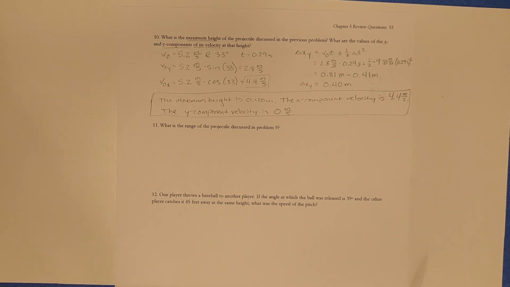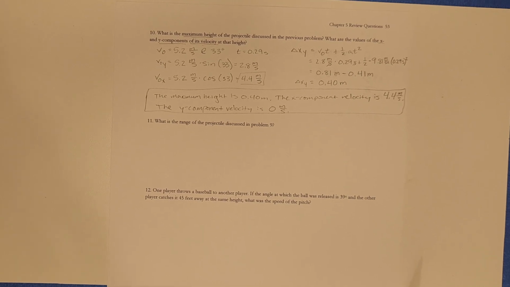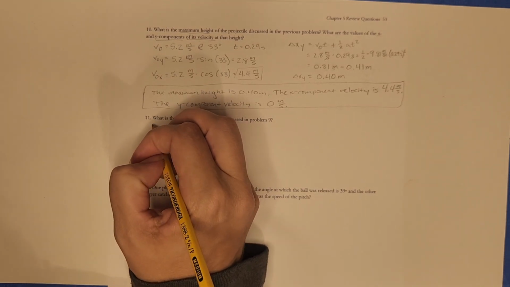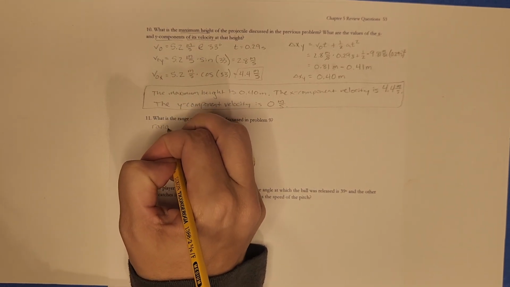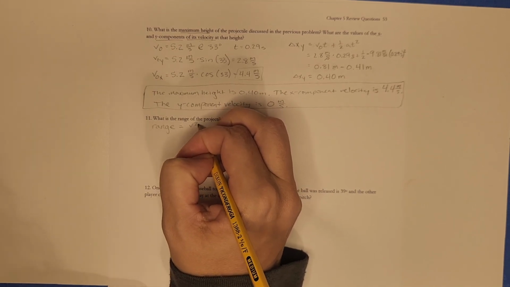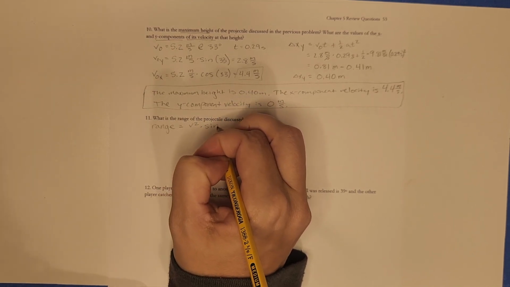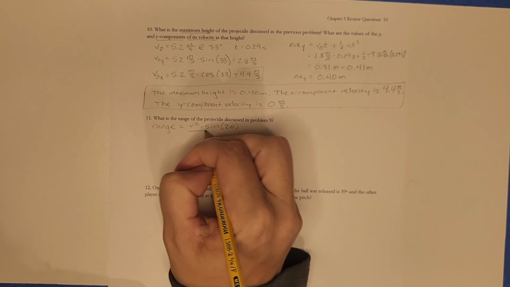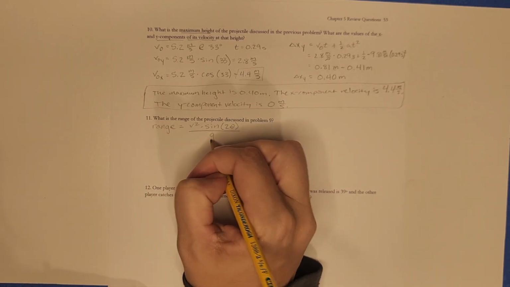And so this is the first problem where we have a new equation that was just introduced in this chapter, and that is the range equation, which is equation 5.10, and it says range equals the velocity squared times sine of 2 times the angle divided by gravity.